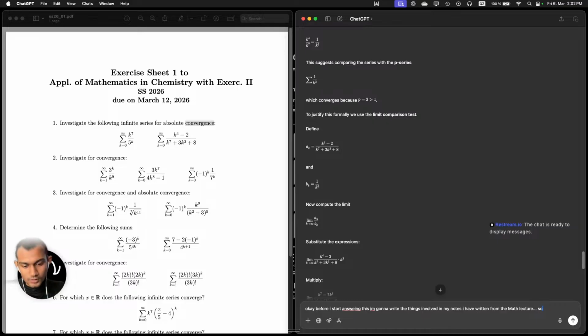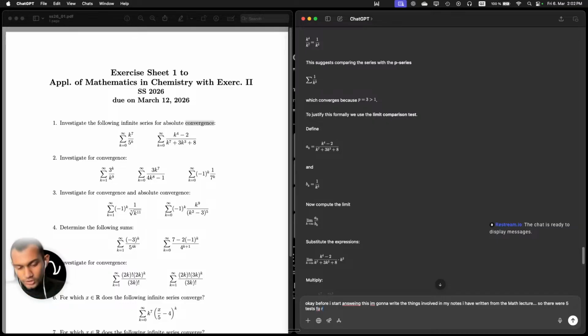So there were 5 tests for convergence, and Majorant criterion.